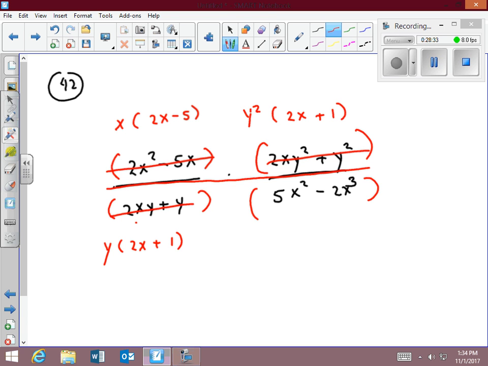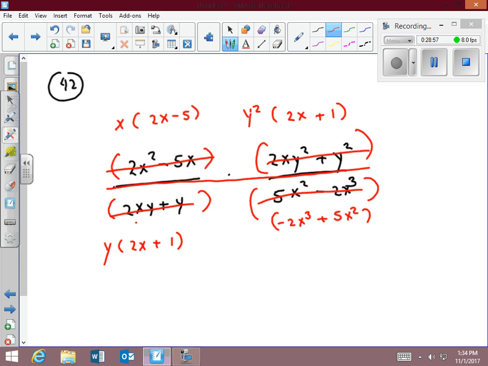Now, this next term, notice it's not in descending order, and the leading term is not positive. If I wrote it in descending order, it would be minus 2x cubed plus 5x squared. But now the leading term is not positive.